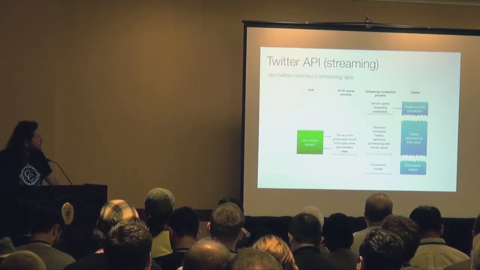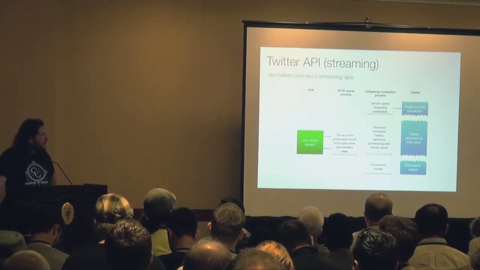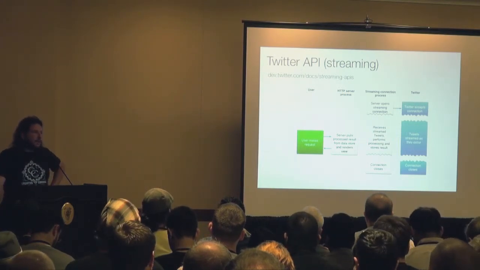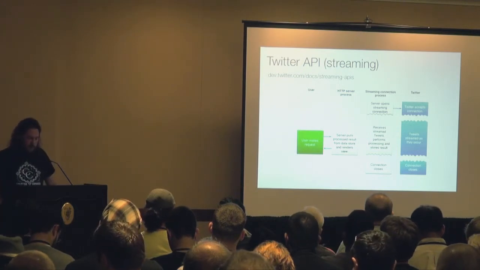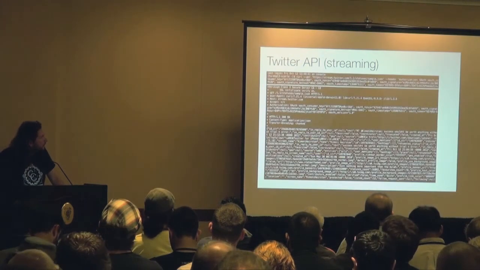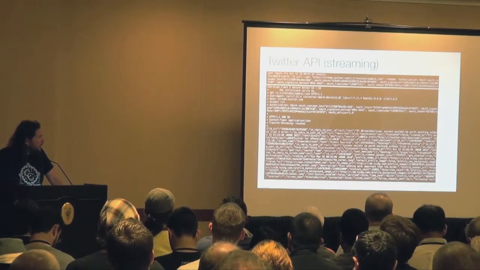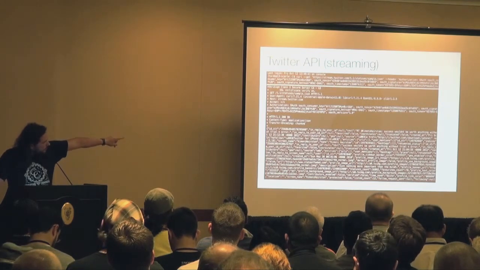So if you go to /docs/streaming APIs on Twitter, you will get a demo tool there where you can start a session and see how it works. It's over SSL, you have to do an OAuth handshake, and then you get the stream.